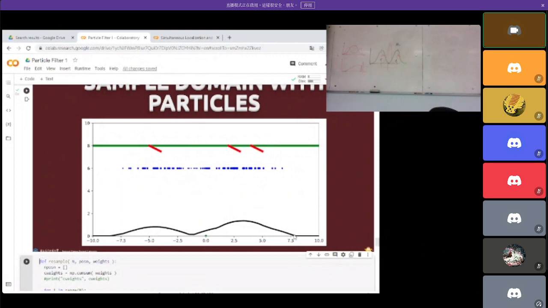This one here is going to the right, it's also going to decrease. This one here is going to the right, but there's no door there, so this one is going to decrease. So the only particles that will still have a reasonably high probability are the ones that correspond to this door here, which is what we want, right? Because now we localize, now we know that we're at this location here. And before we were at this location.